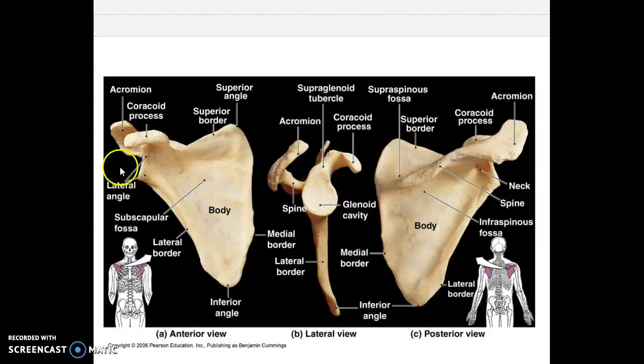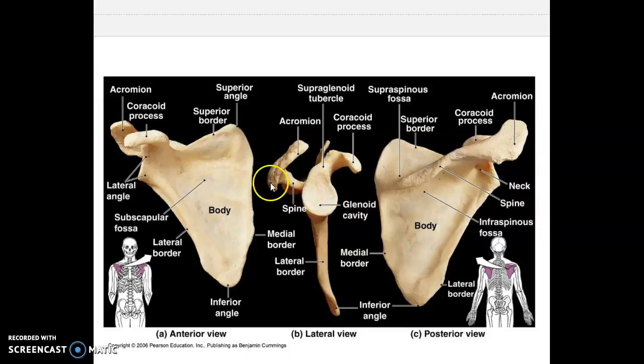So we always know it's going to be on the lateral side, because your arm doesn't come out of the middle of your back, it comes out of the side. So the arm would be fitting over here on the lateral, so this would be the medial side. Okay, so the glenoid cavity or glenoid fossa is the socket where the arm fits.